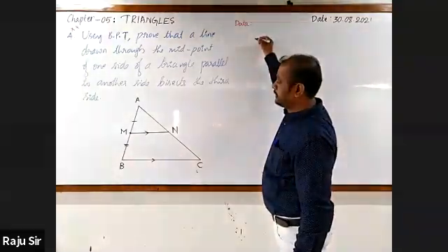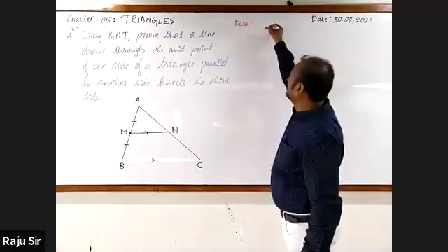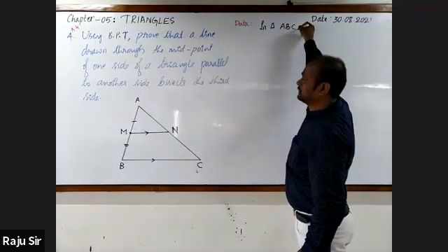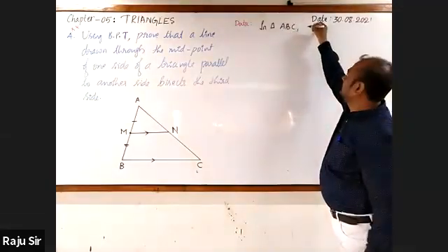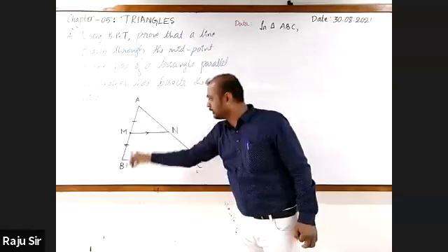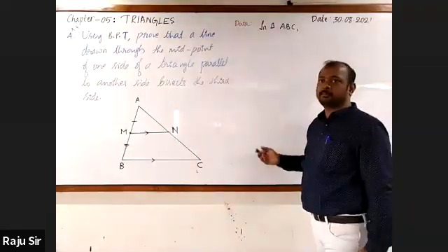Write the data. In triangle ABC, M is the midpoint.